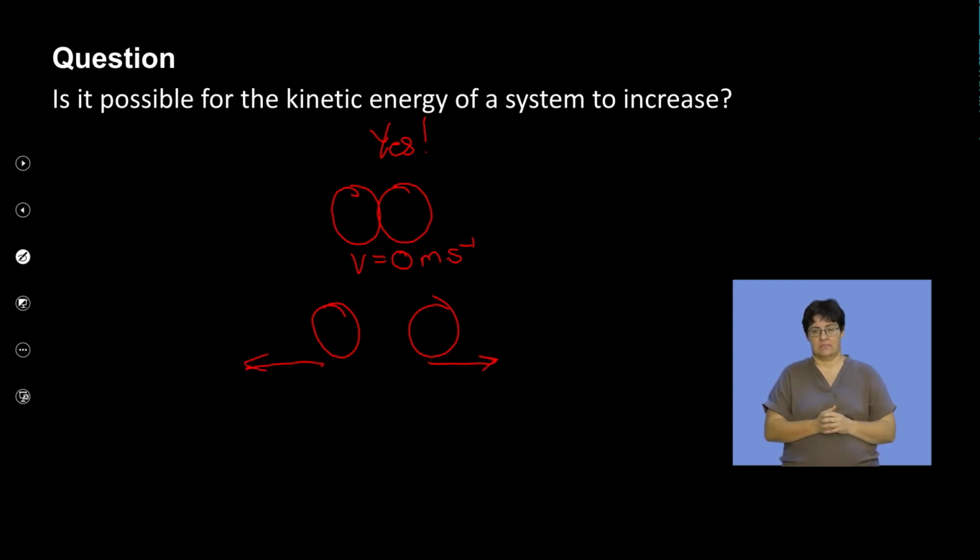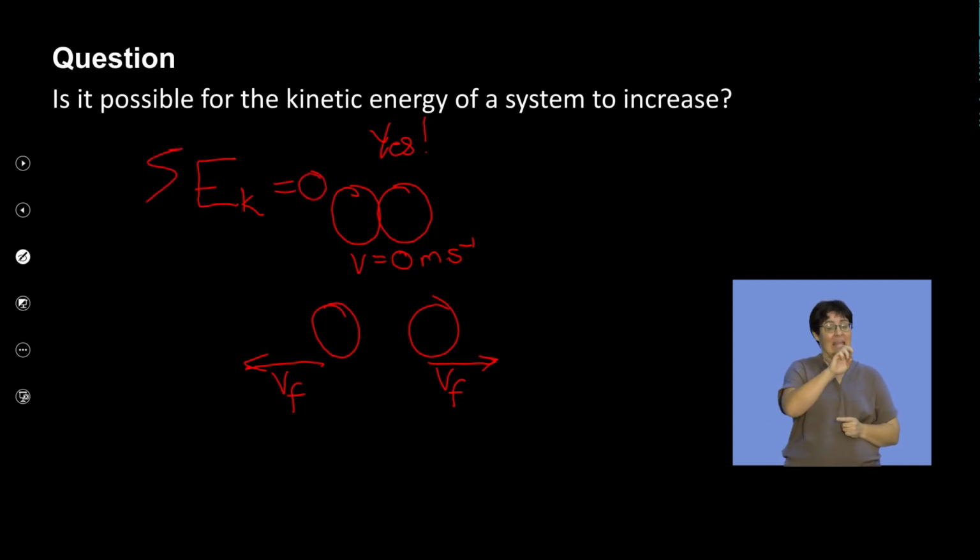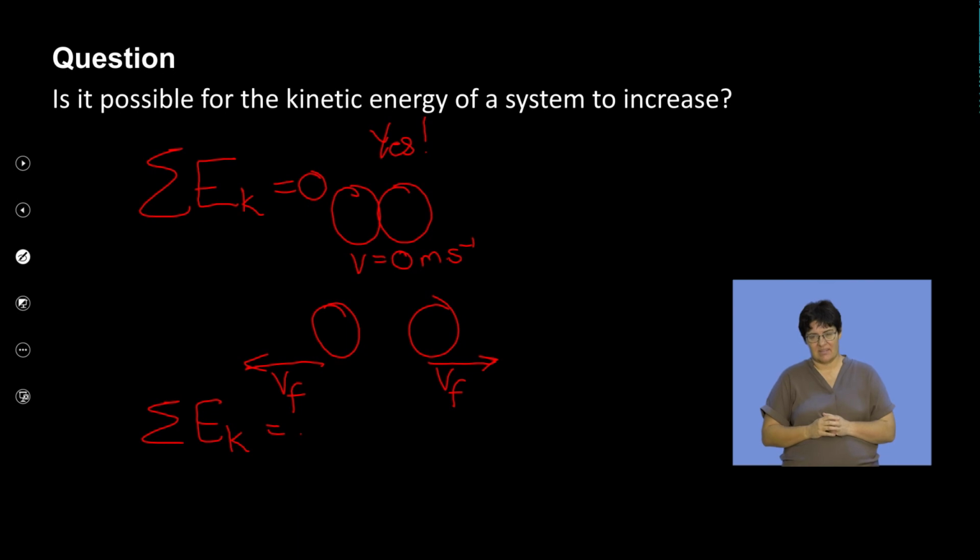What happens now? Now, they both have a kinetic energy. It doesn't matter that they're in opposite directions, because remember, it's a square. So over here, my kinetic energy is 0 at the beginning. Now, it absolutely is going to have a kinetic energy that should actually be bigger than 0.